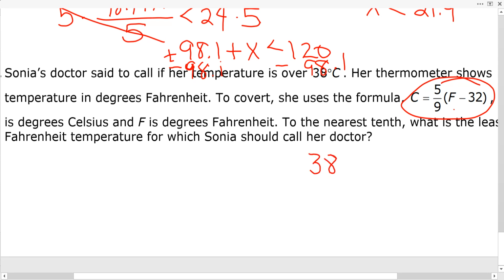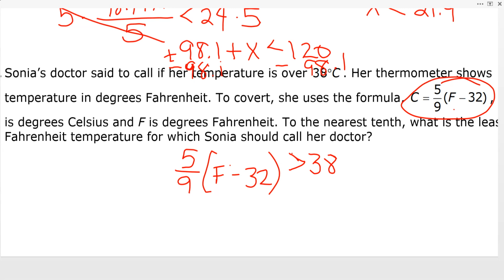So I'm going to have 5/9 times F minus 32 is going to be greater than 38 degrees Celsius, and that's when she calls her doctor.